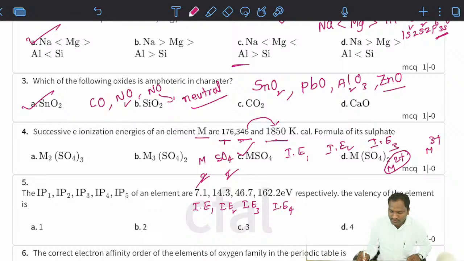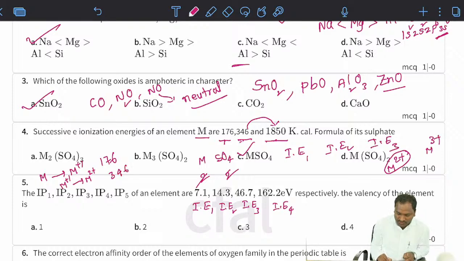Shiva, how we know it is 2? See here, from M you remove 1 electron, that time charge is +1. So here ionization energy is 176. From this unipositive ion, if you remove 1 more electron, this element will get +2, so here ionization energy is 346. Now third ionization energy means you are removing electron from dipositive ion.